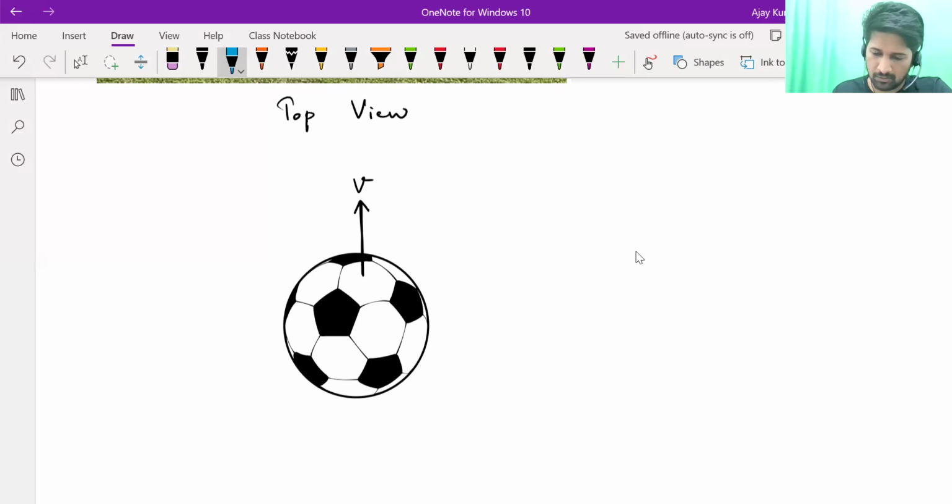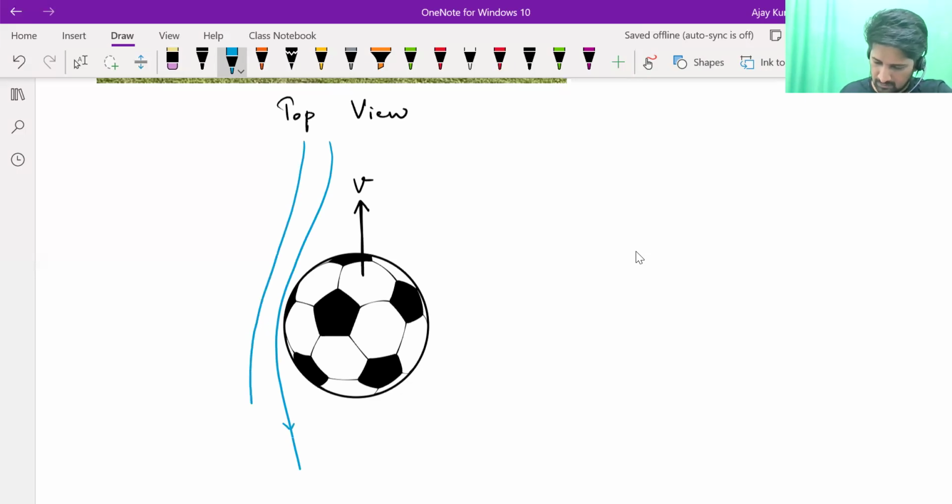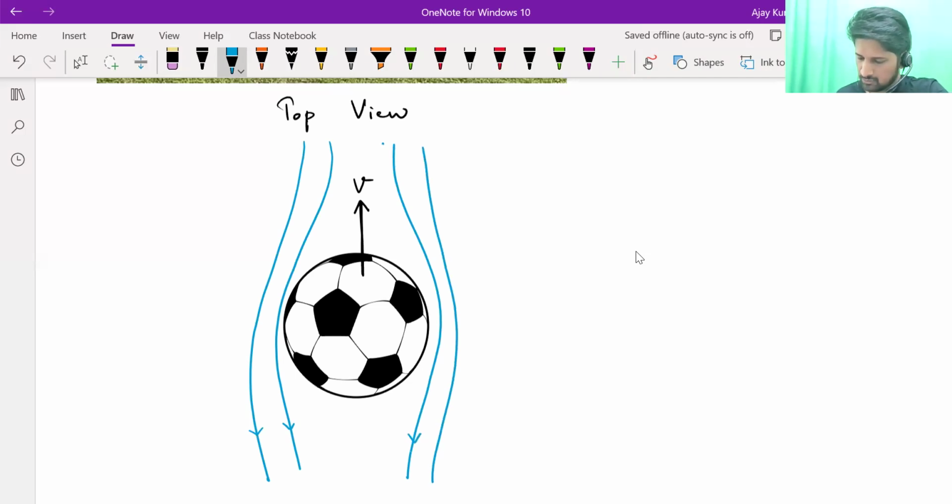Then relative to the ball, air molecules will be flowing back like this. You can assume this is streamline flow. Relative to the ball, air molecules will be flowing like this.